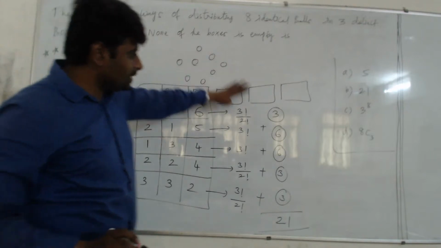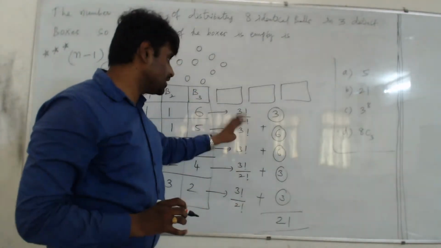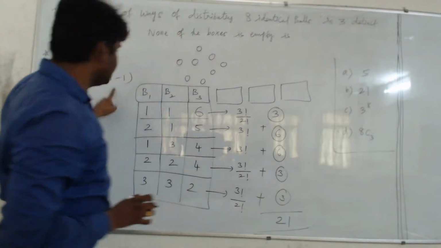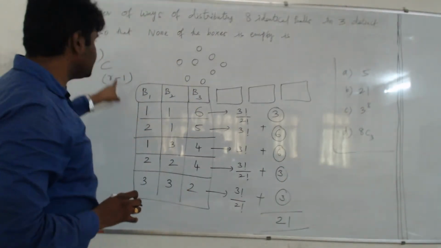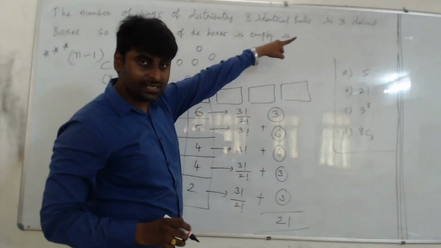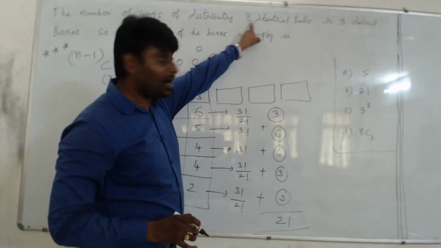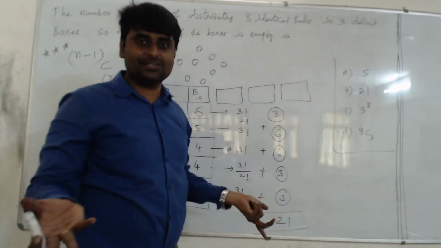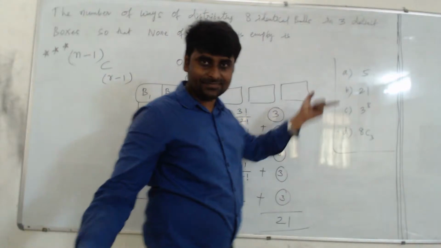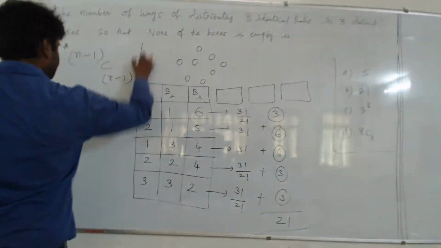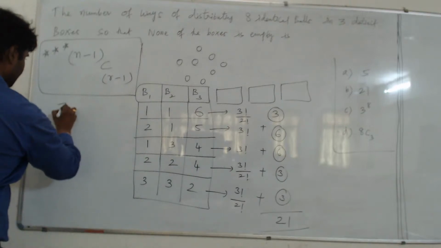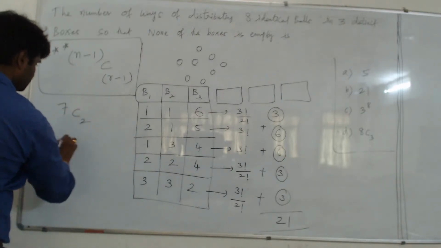But this is for your understanding, for the concept. So directly we can apply this formula in the exam. (n-1) C (r-1). So n means 8, r is 3. So n minus 1 is 7, r minus 1 is 2. Simply 7C2. 7C2 is nothing but 21. That's it.